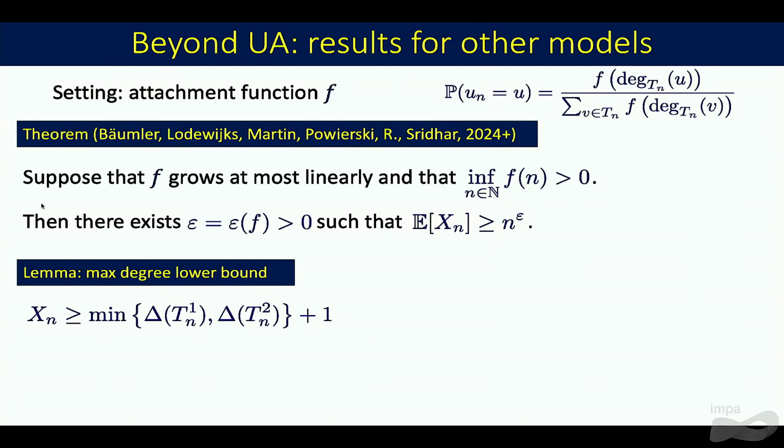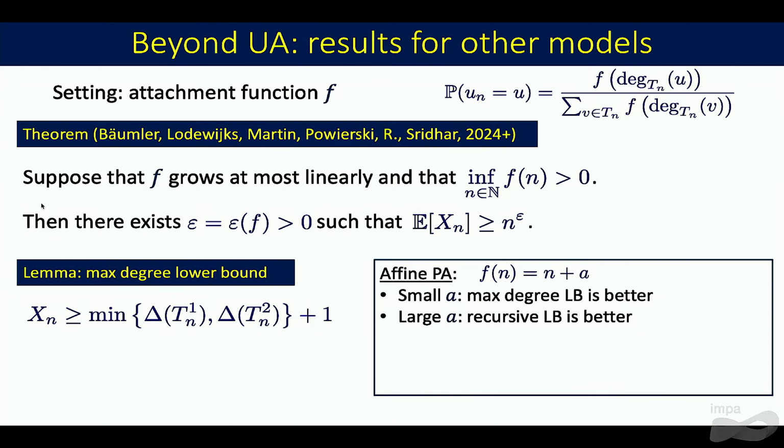Okay. So this is kind of trivial, but on the other hand, it does give you reasonable bounds in some cases. So for instance, if you look at affine preferential attachment, so this function is the degree plus some constant, then depending on what this constant is, sometimes the recursive argument is better, sometimes the maximum degree lower bound is better.